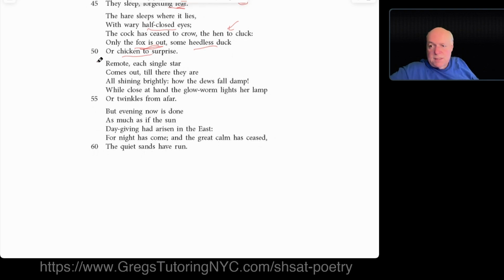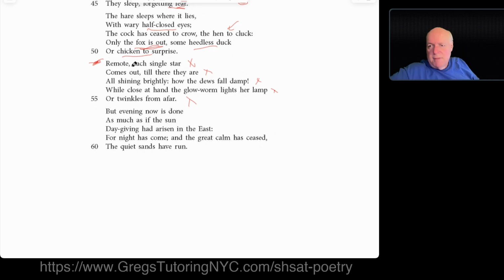Okay. Remote eats stars. So there's a kind of a change in the pace again here, so we should notice that. Remote, each single star comes out. Now, there's a thing with poetry that we like to stop at the end of each line and read it the way the author gave it. That's called enjambment, and that's okay. We can get meaning out of it that way. But we should also read poems as full sentences sometimes.